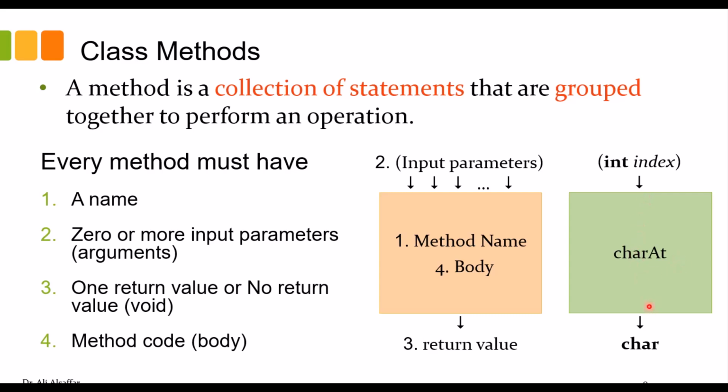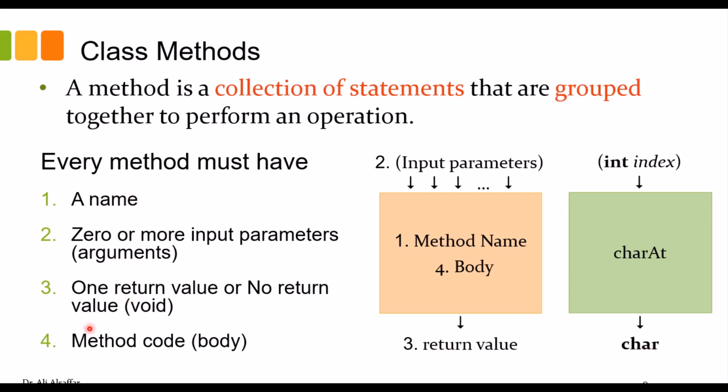So this char represents the place. The index is the place of the character, and charAt will give you the character inside the string. So the name of the method is charAt. It needs one input parameter, which is an integer, and it gives you, as a return, a character.